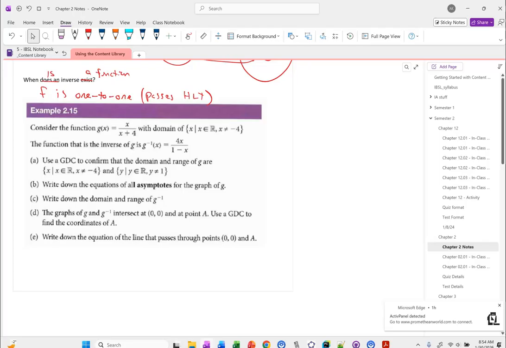And the horizontal asymptote, I have to look at the degree of the numerator and the degree of the denominator, because it's a general rational function. They're both degree 1. When the degrees are equal, the horizontal asymptote is leading coefficient over leading coefficient.